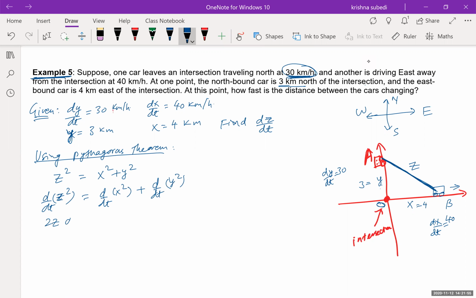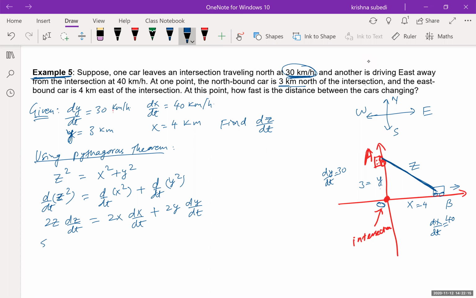This gives 2z dz over dt equals 2x dx over dt plus 2y dy over dt. So the derivative is done. Step 4 is done.